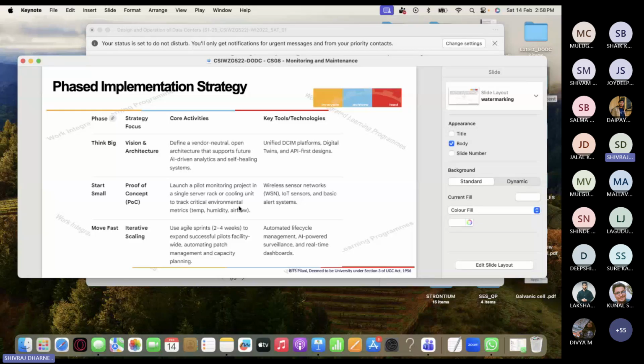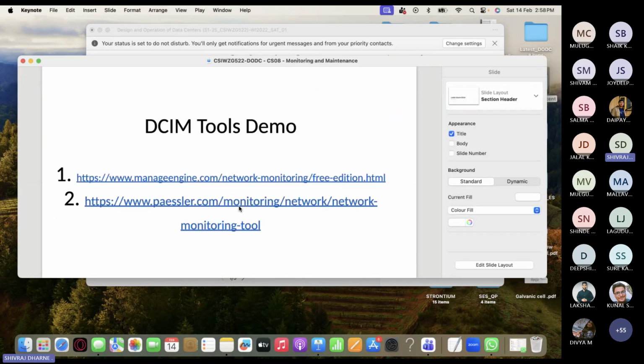For example, there is something called wireless sensor network, WSN. This is for starting small before proof of concept, IoT sensors or a basic alert system. These are all small modules available to help you create a proof of concept. When you build even a vision for a very huge data center, you can start small. So these are the tools available.